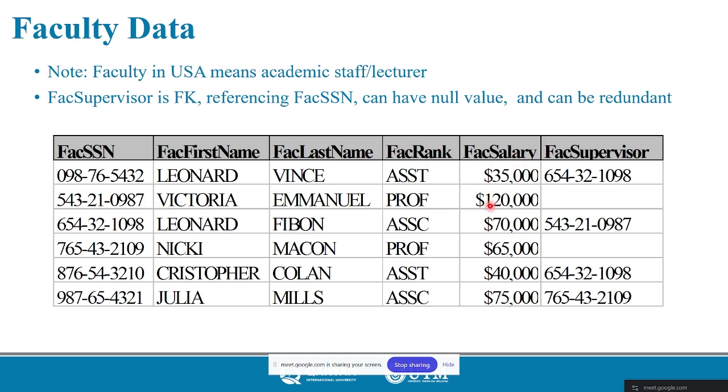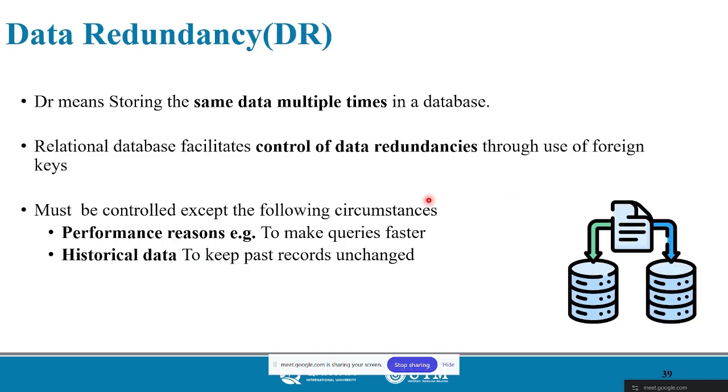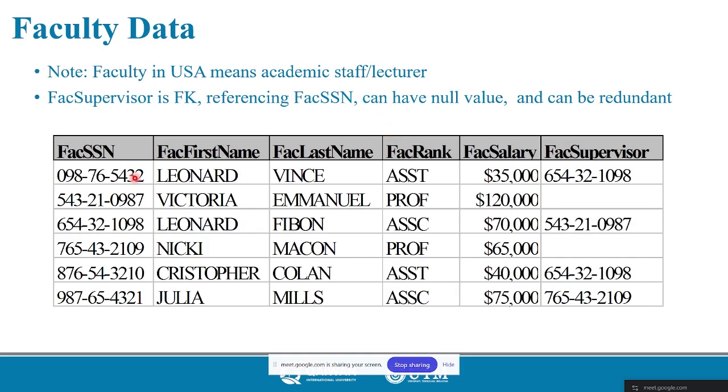In the previous slide, on data redundancy, we said that we should not have multiple copies of the data at one time. So we should make sure that the data redundancy problem is solved as much as we can. Sometimes, for historical purposes and for making queries faster, rookies who do not know how to design a good database will have many redundancies.